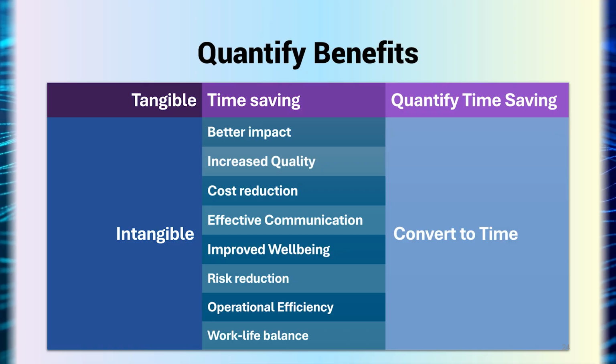So, of course, it needs to be converted to a number. The simplest method is to look at the business impact potential and convert it to an equivalent notional number of time saving. So now we can add the two together and have a single tangible plus intangible number expressed as time units.